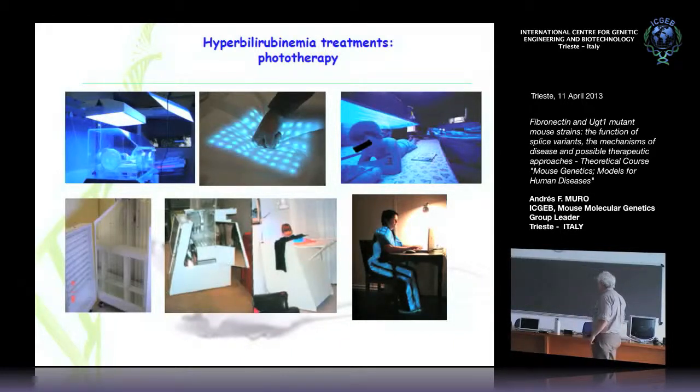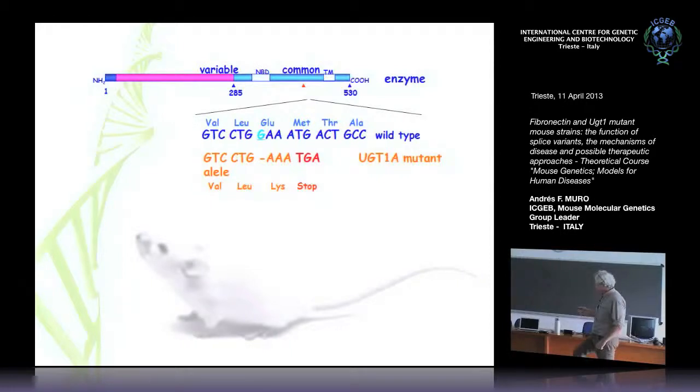So to try to find alternative therapies, we developed a model in our lab. This model was made by Julia Bortolucci, who is here in the audience. We introduced a point mutation, just a single base deletion in the sequence of exon 4, and this leads to a stop codon.